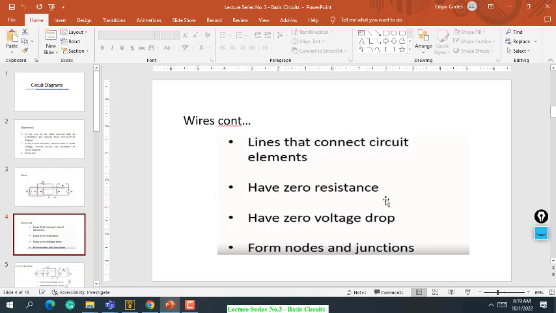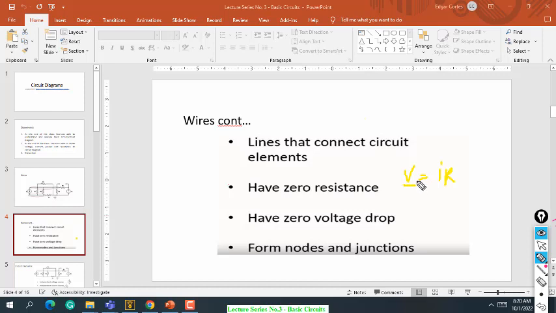In our discussion last meeting, since there is resistance in a wire, as we know in theory in Ohm's law, V equals IR, where I is the current and R is resistance. Since there is resistance, therefore there is voltage drop.